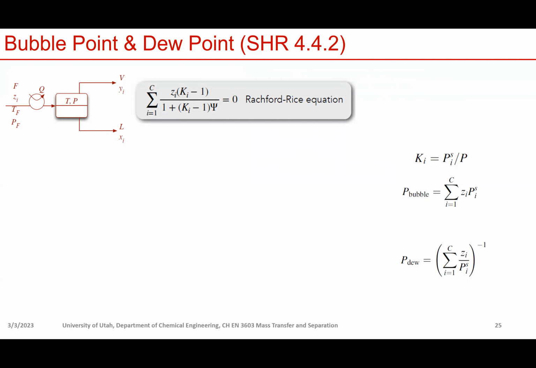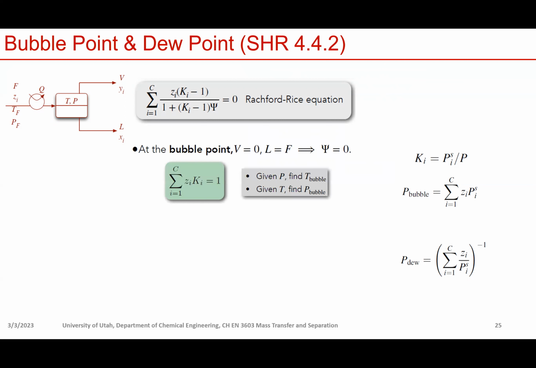Now it enters the equilibrium region, but the vapor ratio is 0 because we just formed the first bubble. So in that case, psi is 0, right? So the flow rate of vapor is 0, so L equals F. Psi is V over F.